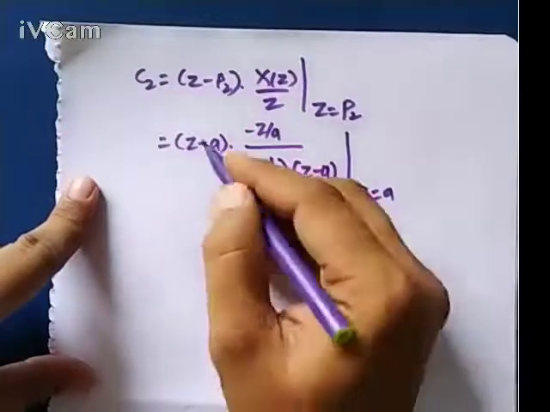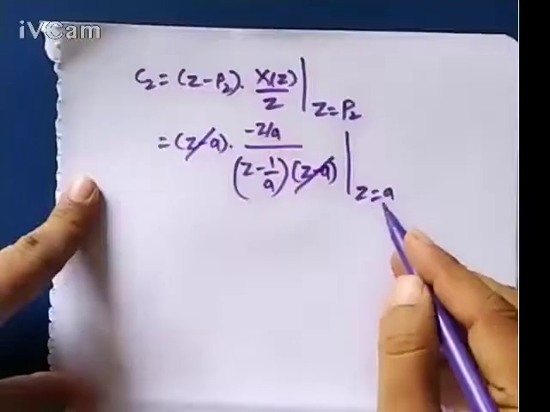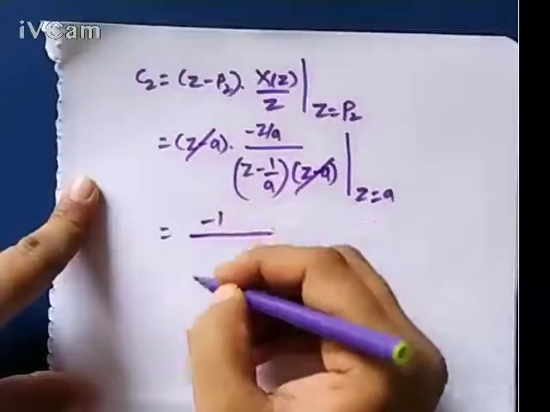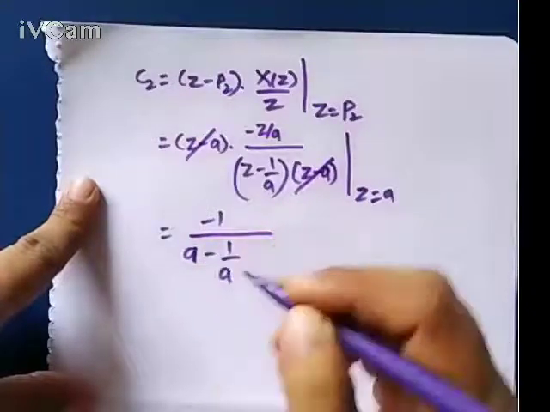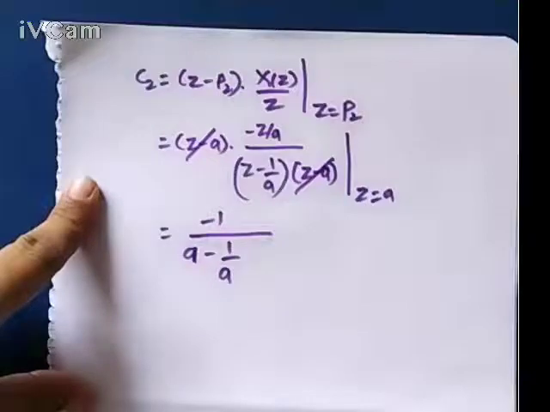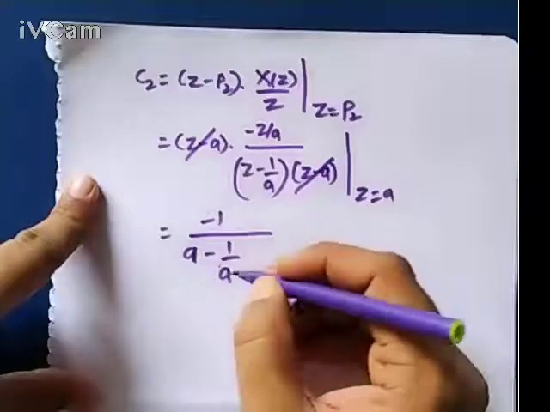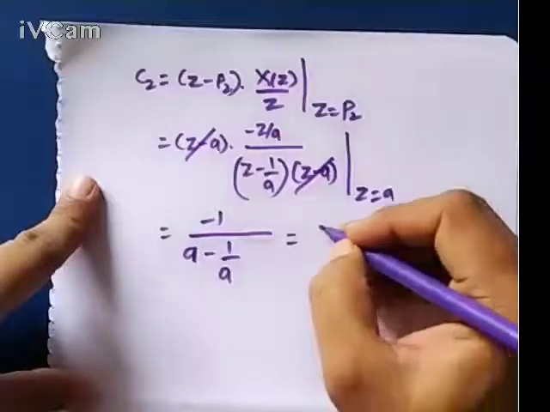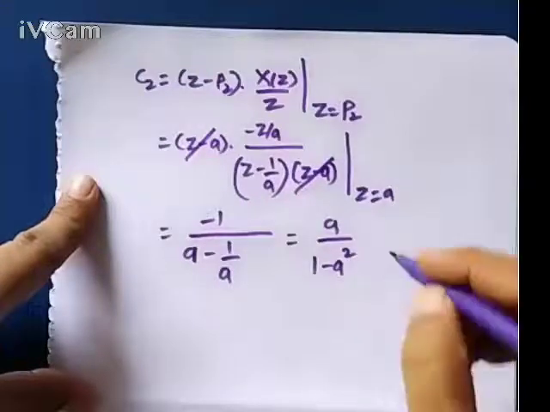Okay, so these two terms will get cancelled now, and substitute z equal to a in this. That will be minus 1 upon a minus 1 by a, right? So if you take that a on the upper side, that will become a upon 1 minus a square.